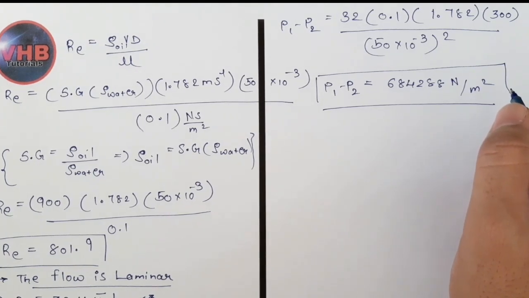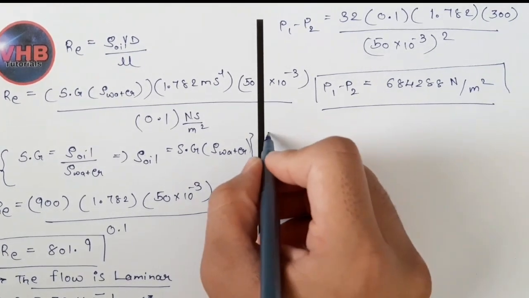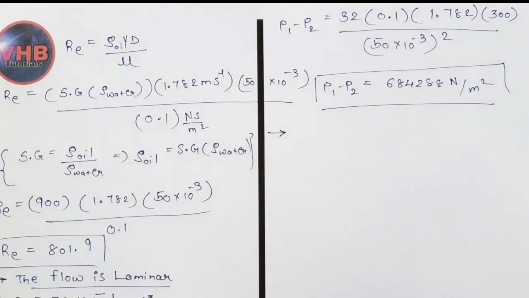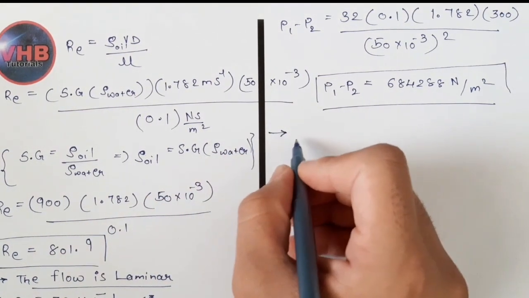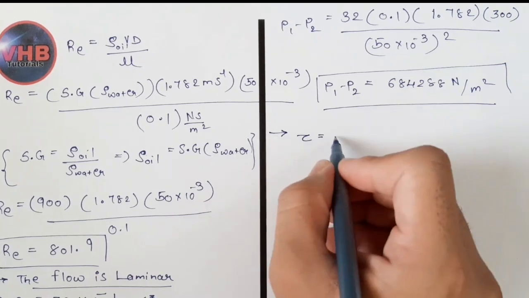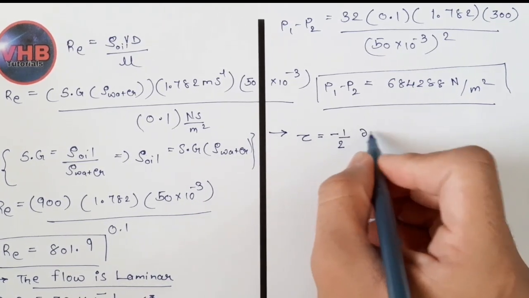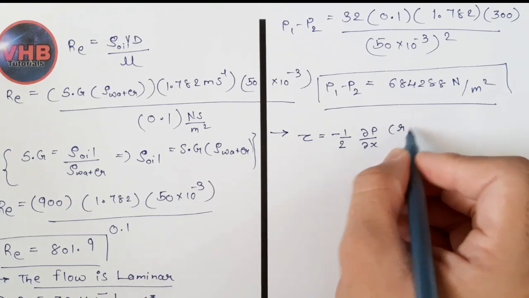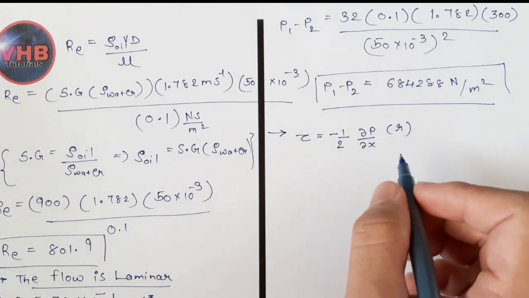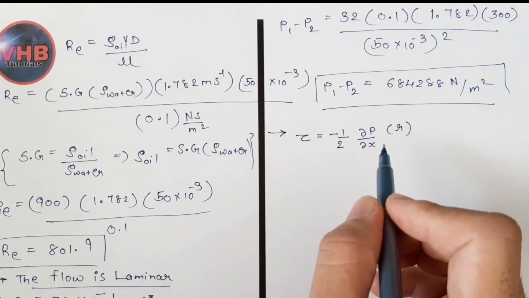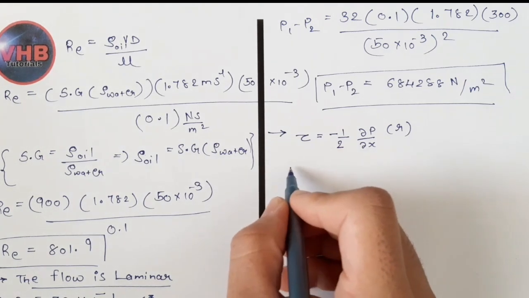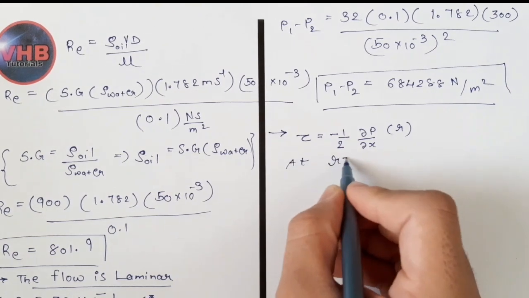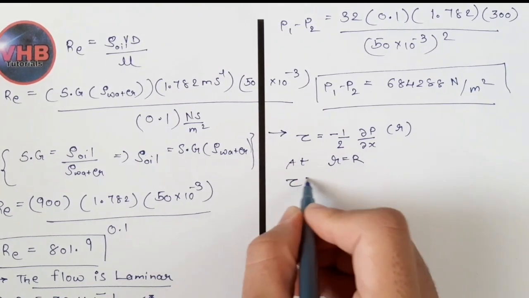Now we have to find the shear stress at the pipe wall. In the previous video, we derived the equation of the shear stress for the pipe. From that equation, tau is given by minus 1 upon 2 del P by del X into r, where r is the distance from the axis of the pipe. We have to find the shear stress at the wall, that means at small r equals capital R, tau equals tau max.